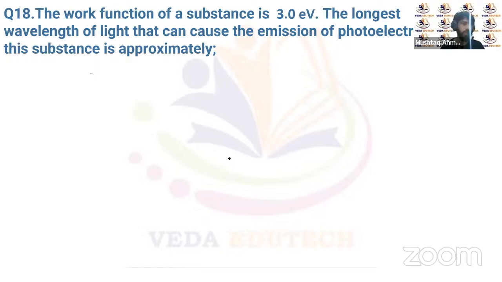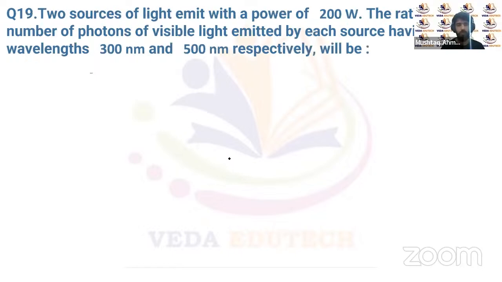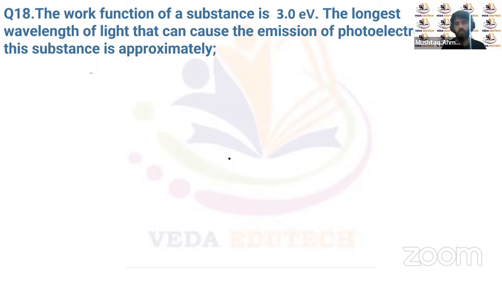So question number 18 says that the work function of a substance is 3 electron volt, the longest wavelength of light that can cause the emission of photoelectrons from this substance is approximately what? If the wavelength is longest, it means the energy has to be minimum.